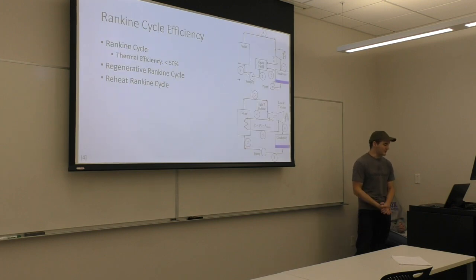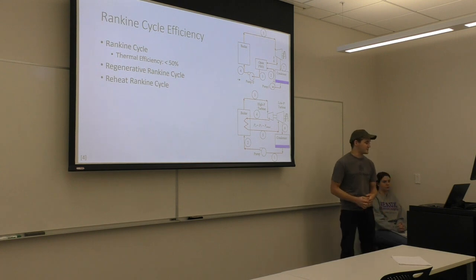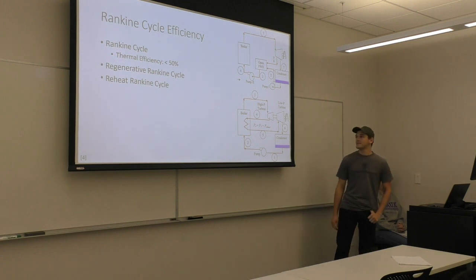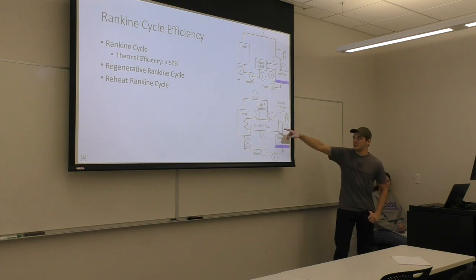All right, so we can improve our efficiencies by using a regenerative or a reheat Rankine cycle, and you can do this in multiple stages, but this is the most simple version. So in reheat, which is on the bottom right here, you have a high and a low pressure turbine.